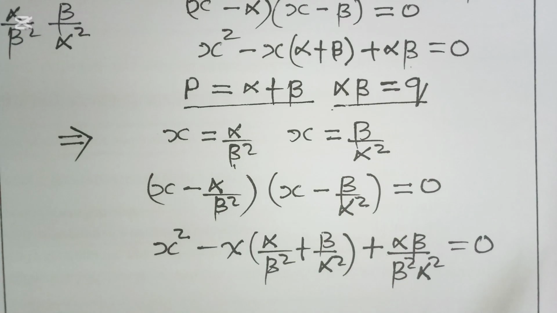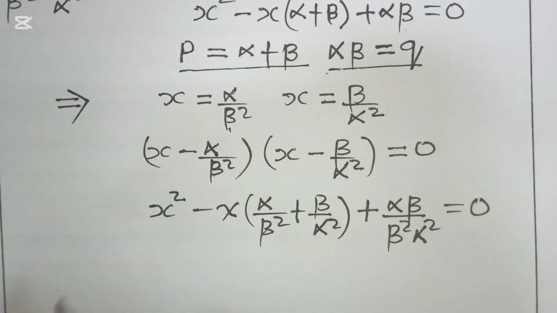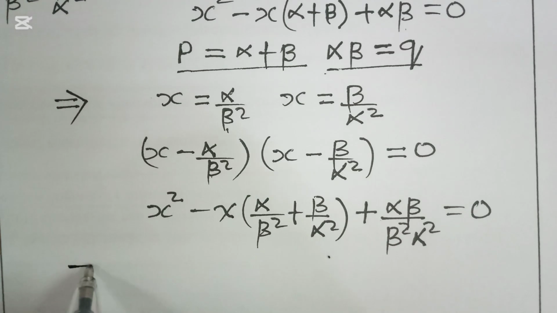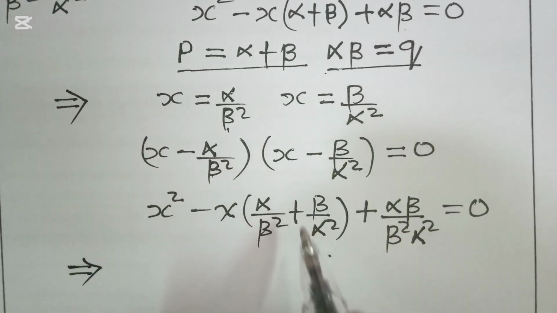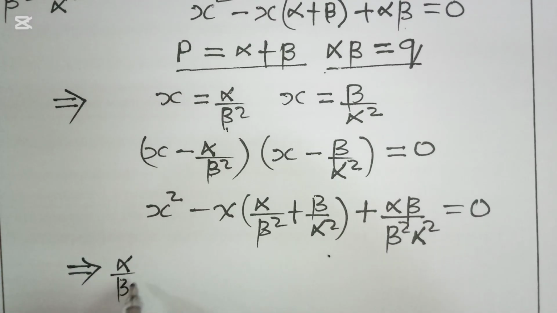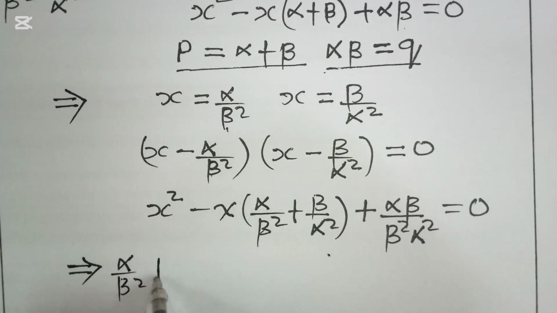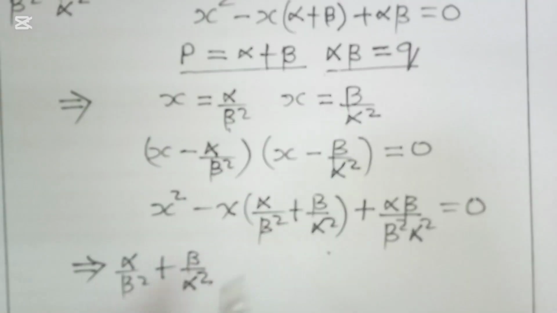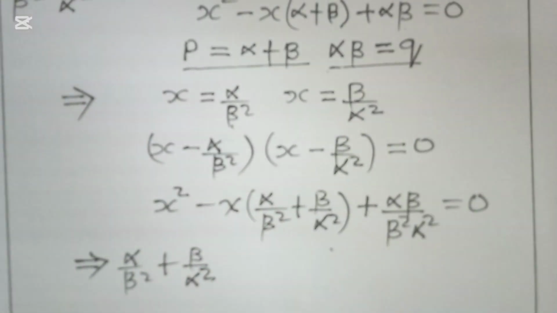So guys, we are supposed now to get, the first is alpha over beta squared plus beta over alpha squared. This is what we want first of all to get.